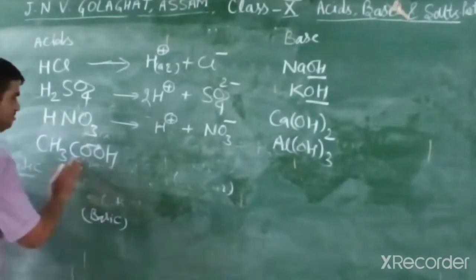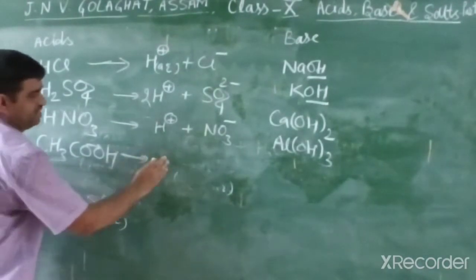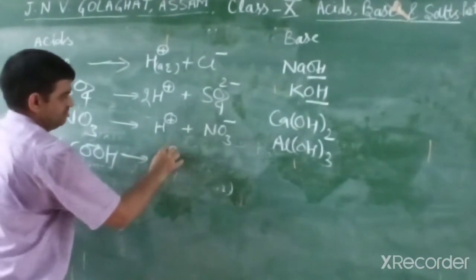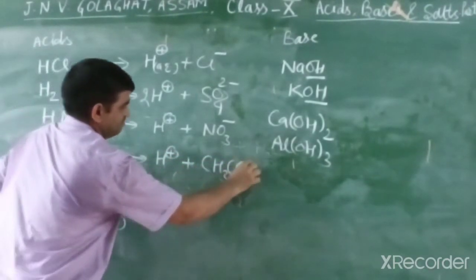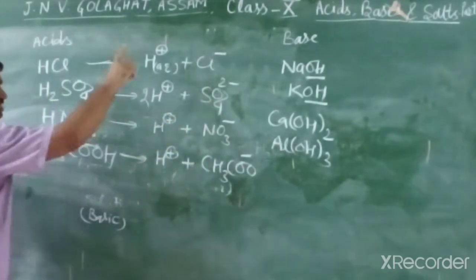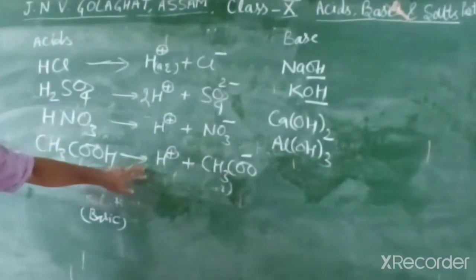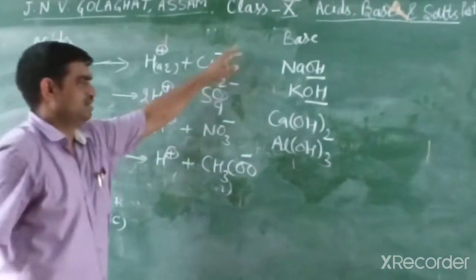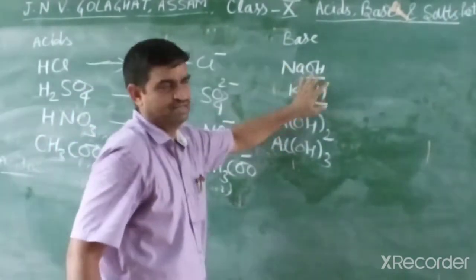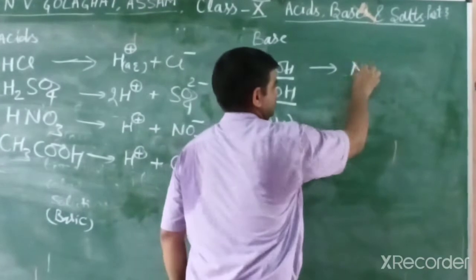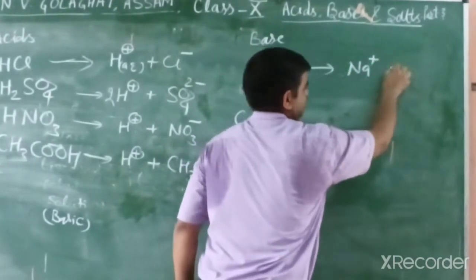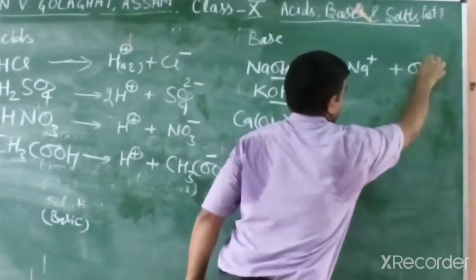Acetic acid provides hydrogen plus acetate ion. So all the acids have hydrogen ion when dissolved in water, and all the bases have hydroxyl ion when dissolved in water. Sodium hydroxide dissociates into sodium ion and hydroxyl ion.